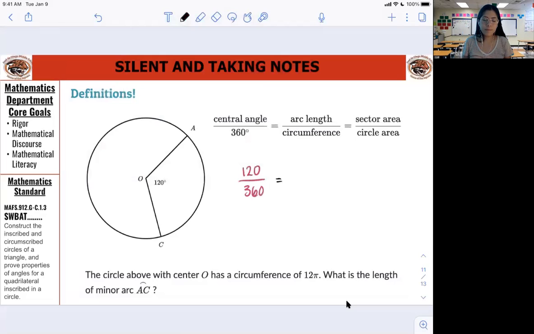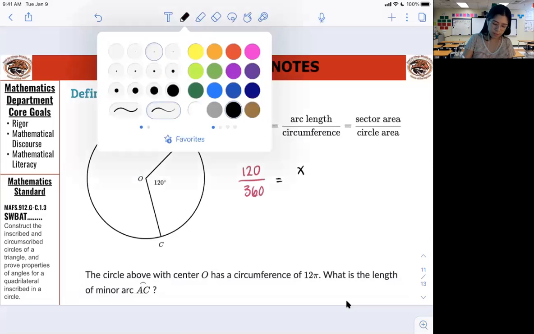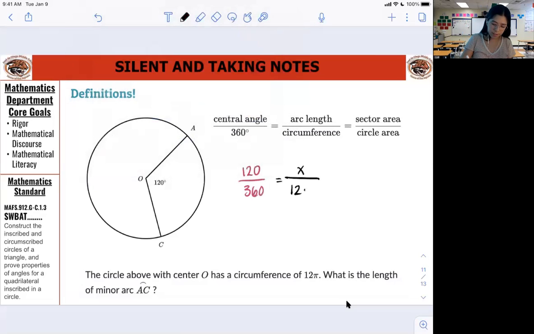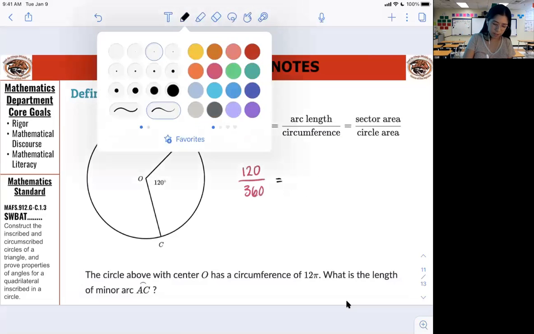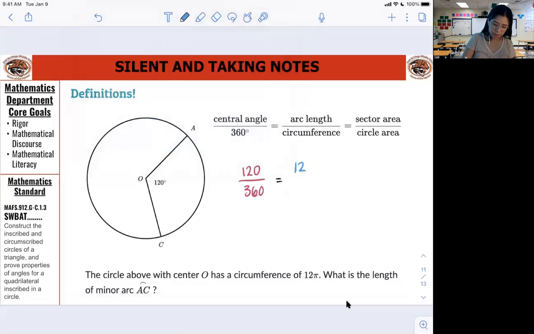What are we looking for? x over 12 pi. Good. So this is the part we don't know, but we do know that the whole thing is 12 pi.